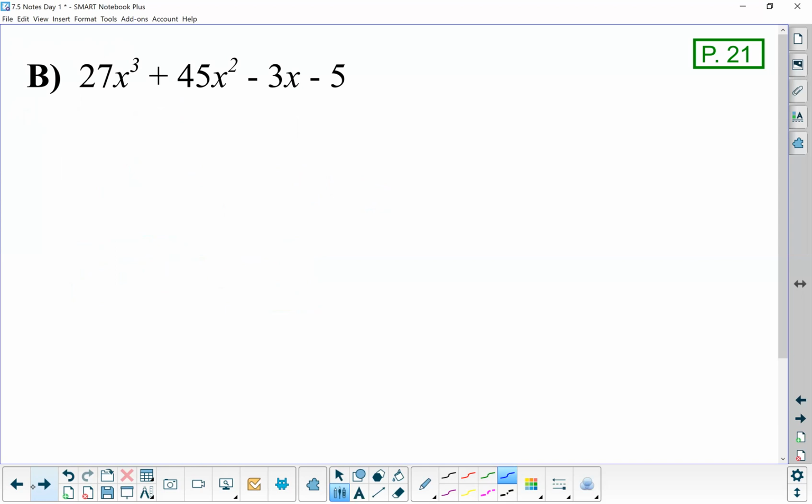27x to the third plus 45x squared minus 3x minus 5. In this case, there is not a greatest common factor other than 1 for all 4 terms. So now I factor by grouping.